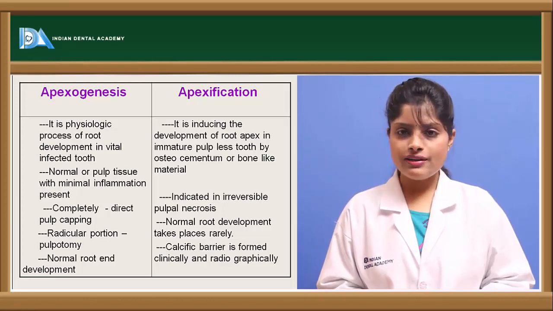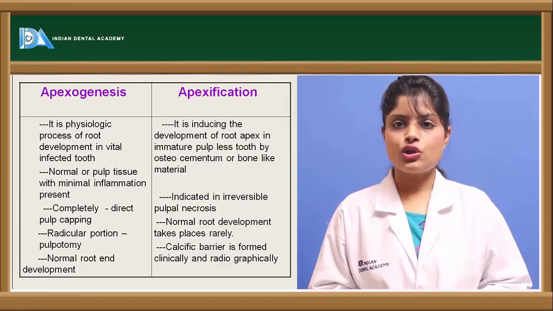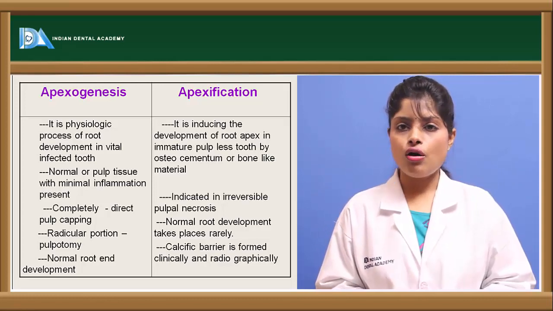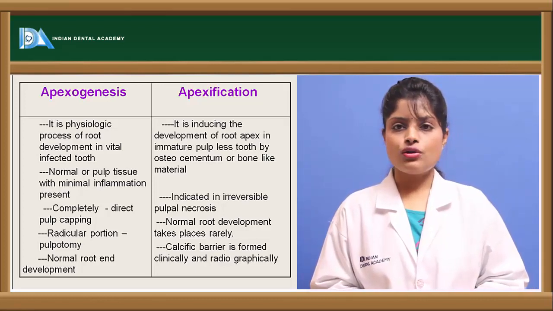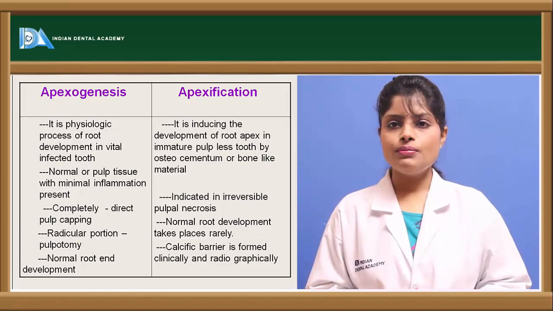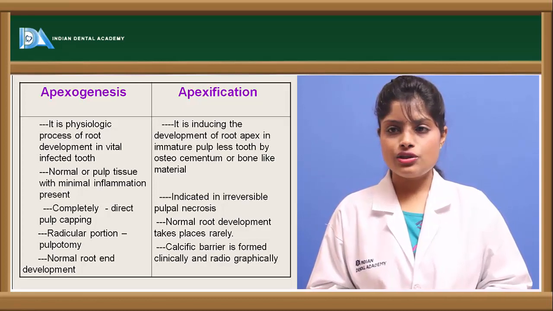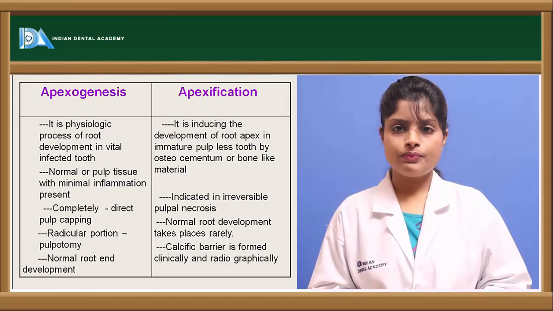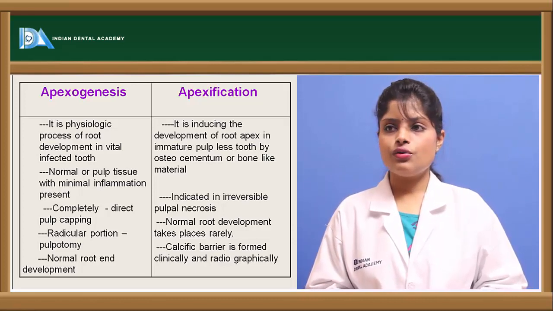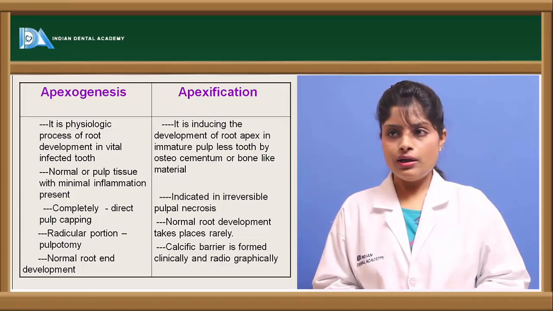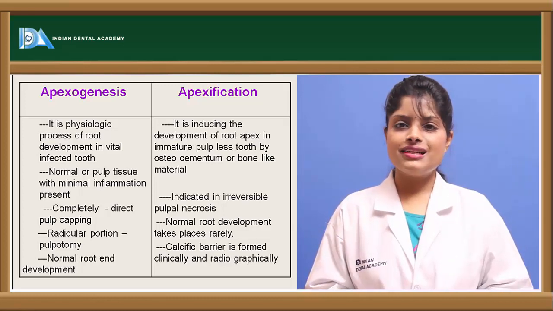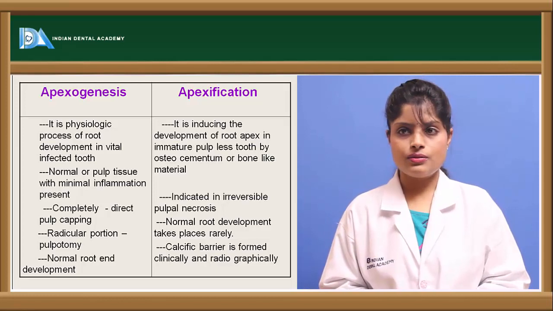Normally, the root development does not take place physiologically, but there is a pathological induction of the root end development. A calcific barrier is formed clinically and radiographically as well. That is, the calcific barrier can be appreciated in the radiographs. So, basically in apexification, osteocementum type of material will be deposited at the apex.